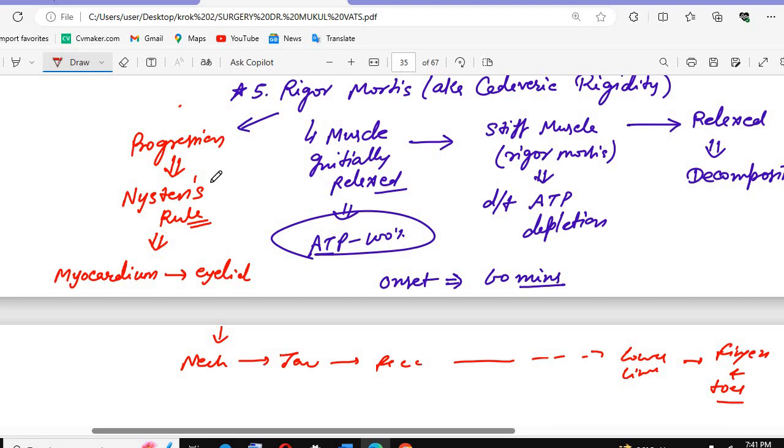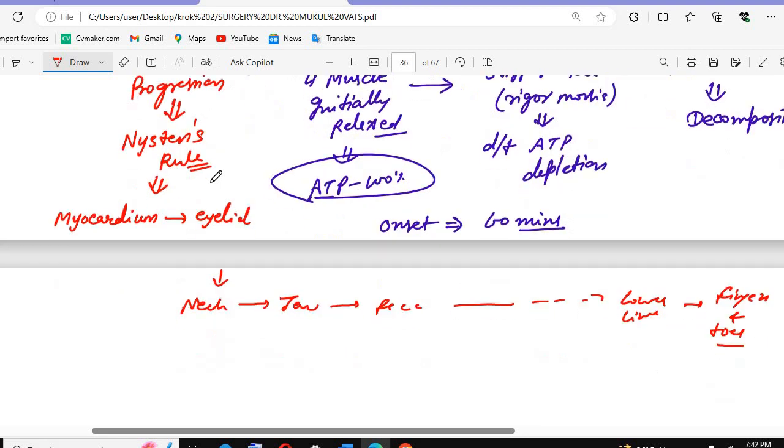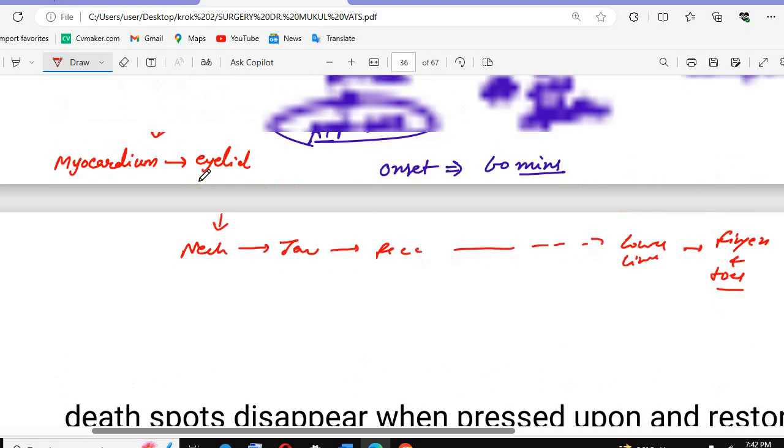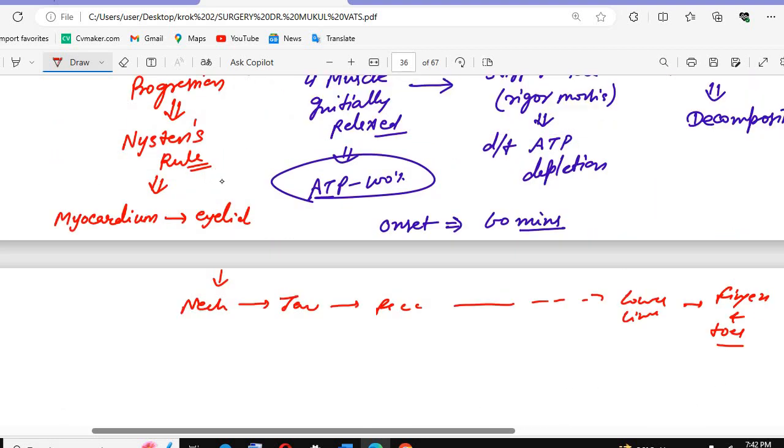There is one more rule, which we call Shapiro's rule. It is based on the biochemical process, and it says that everything occurs simultaneously in all the muscles. But Nysten's rule is what everyone follows: firstly the myocardium, then eyelid, neck, jaw, face, thorax, abdomen, upper limbs, lower limbs, and then fingers and toes.